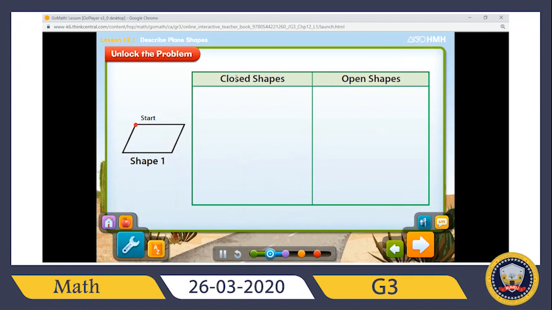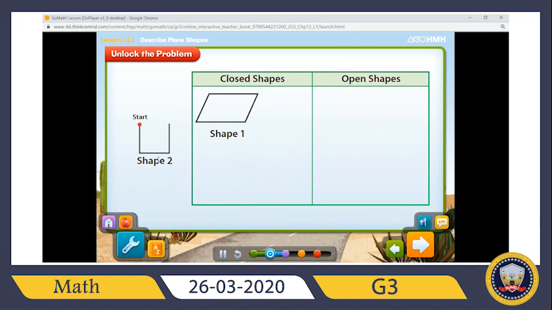How can I check if it's a closed or open shape? First of all, I need to track the lines. I start from here: first line, second, third, and fourth. So I start and I end at the same point. In this situation, it will be a closed shape, right? So shape 1 is an example of a closed shape because it finishes and ends at the same point.